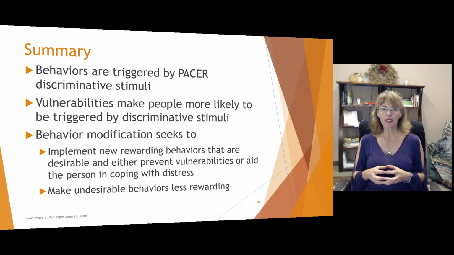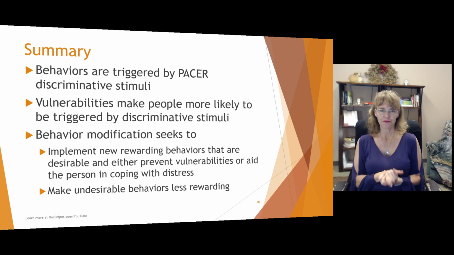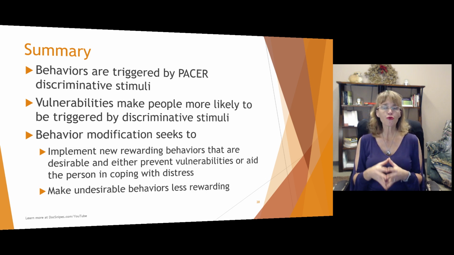Vulnerabilities make people more likely to be triggered by stimuli or discriminative stimuli in the environment. Behavior modification seeks to implement new rewarding behaviors that are desirable and either prevent vulnerabilities or aid the person in coping with distress. Additionally, behavior modification seeks to make undesirable behaviors less rewarding.